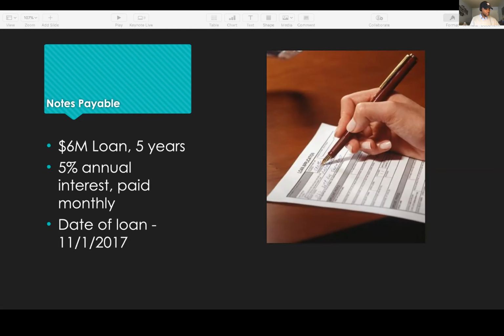So everyone do me a favor, get your phone or your piece of paper and write down or take a picture of: $6 million loan, 5 years, 5% annual interest paid monthly, and the date of the loan is November 1st, 2017.